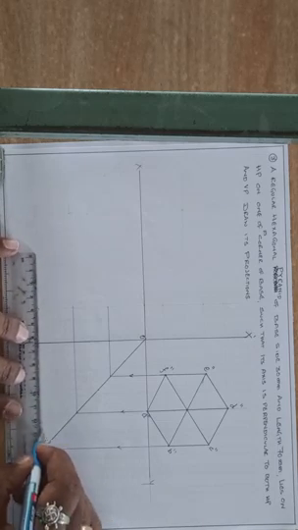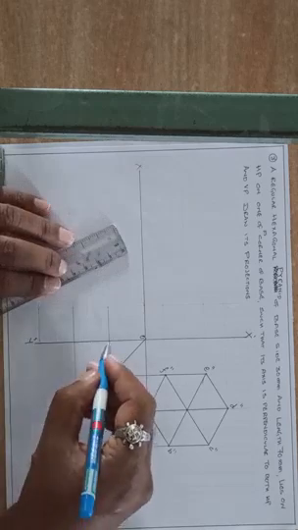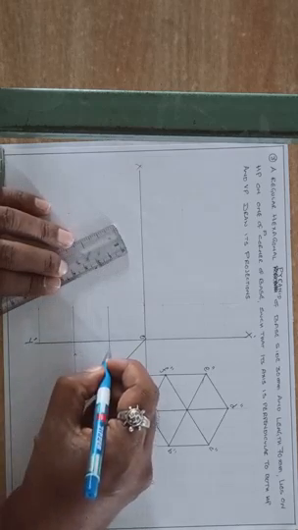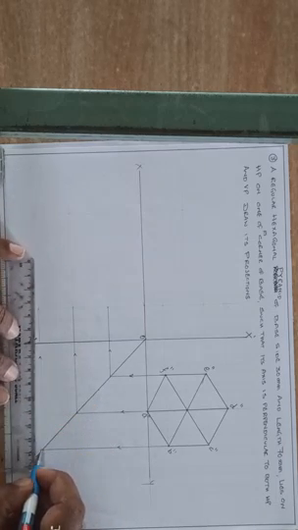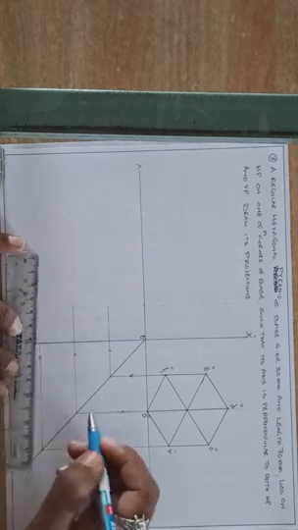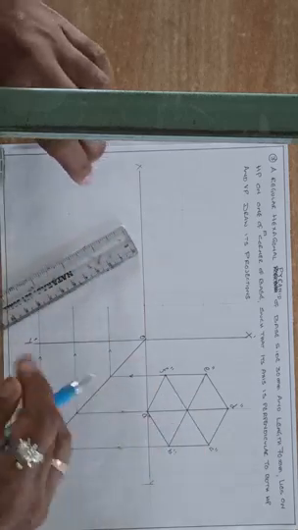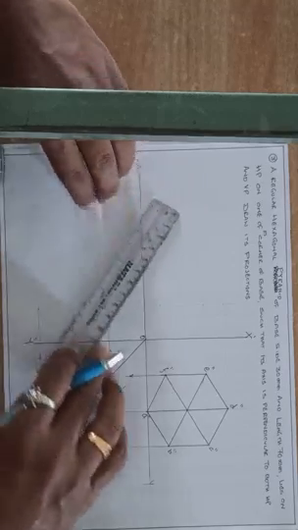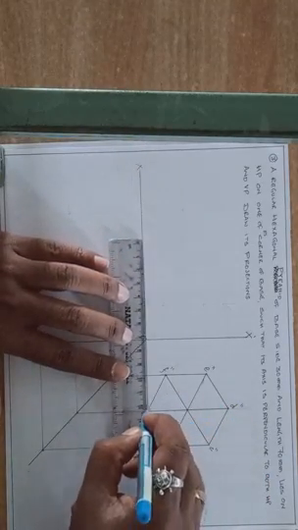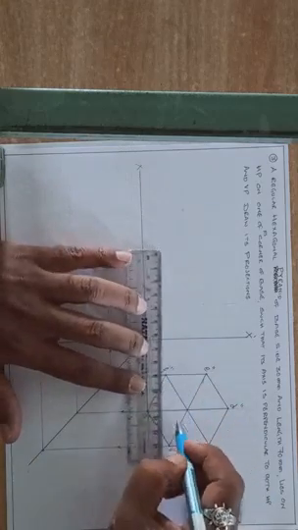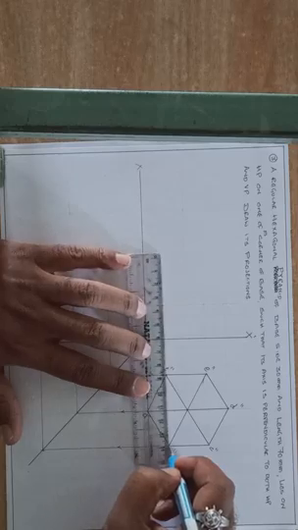Don't draw full length lines, only draw up to certain distance. Now, so here you can see all these are in opposite direction, because you are obtaining the top view from the side view. Similarly, to obtain the front view also, draw the projectors from the side view.